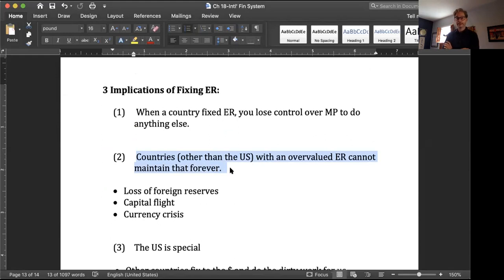You can't maintain an overvalued exchange rate forever because it's likely to lead to a currency crisis. On the flip side, it's difficult to maintain an undervalued exchange rate forever as well, because it's going to lead to inflation. So having an overvalued or an undervalued currency doesn't seem to work very well in the long run, because eventually you're going to have an economic crisis of some sort.